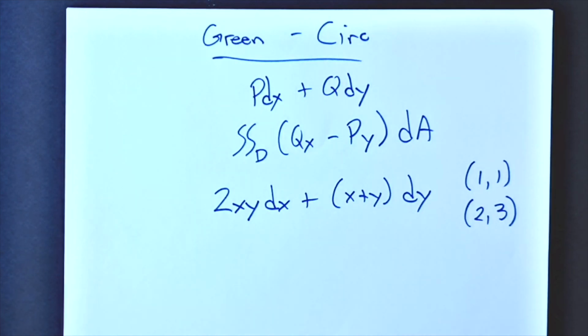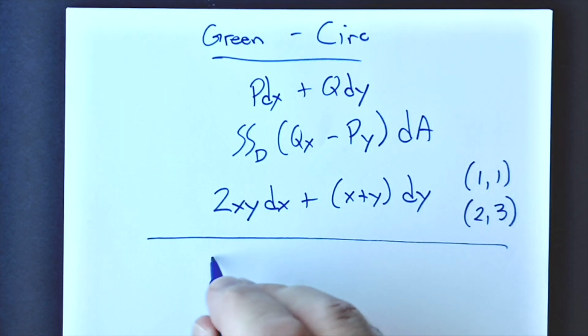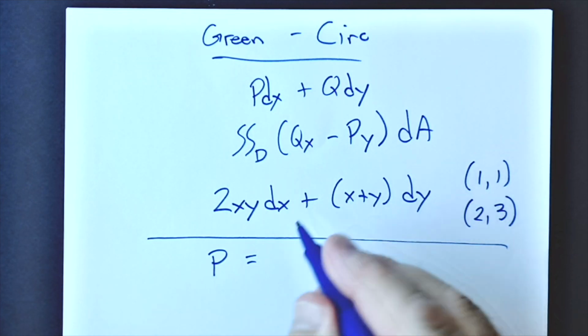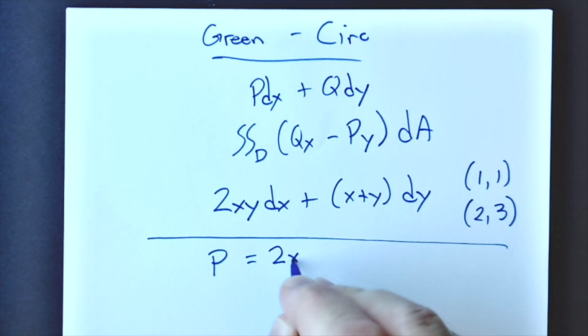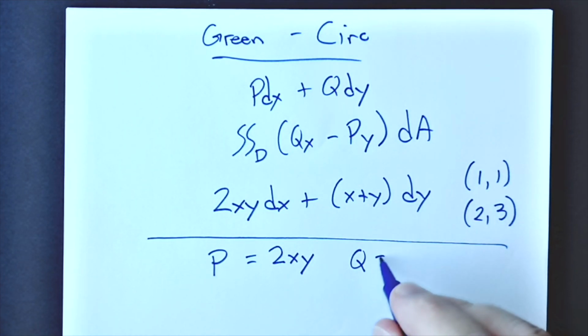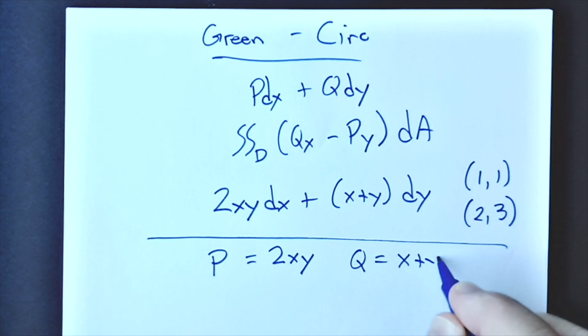Just to make sure we know what we're doing, we want to identify our function P. In this case, our function P is right here, this 2xy. And then we also want to say, what's our function Q? That's right here. It's going to be x plus y.